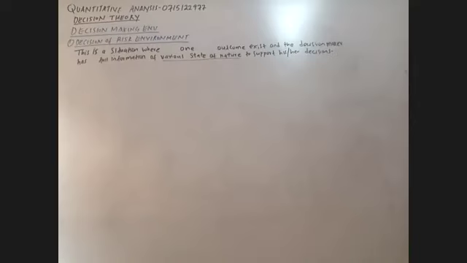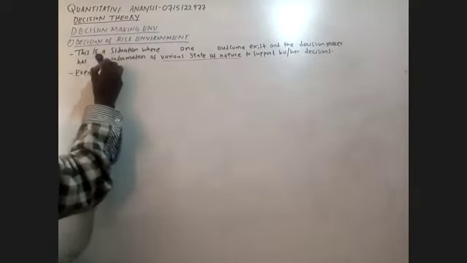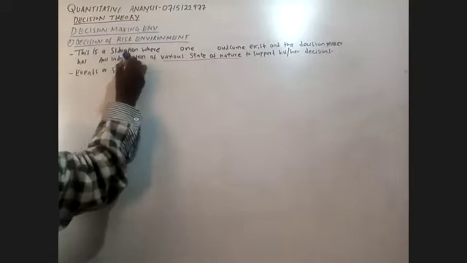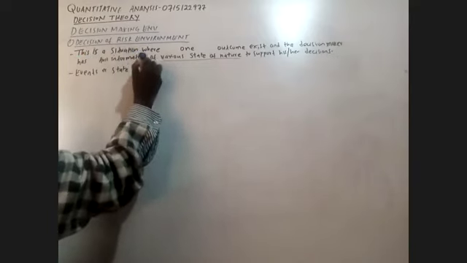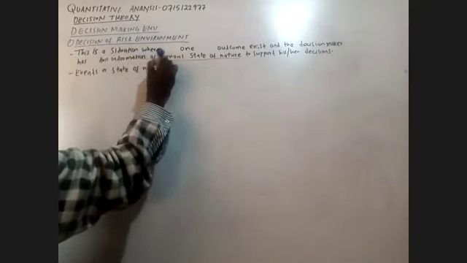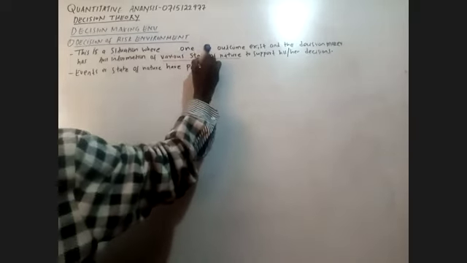Now, events have probabilistic outcomes. Another thing you need to know is that events or state of nature have probabilistic events.